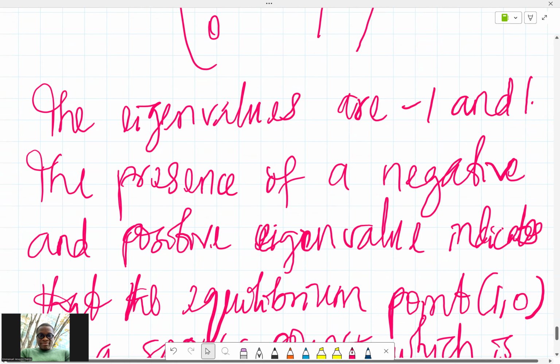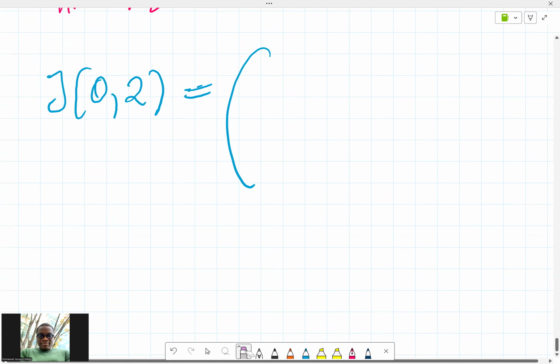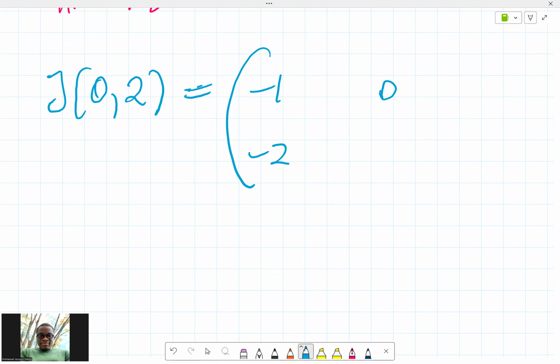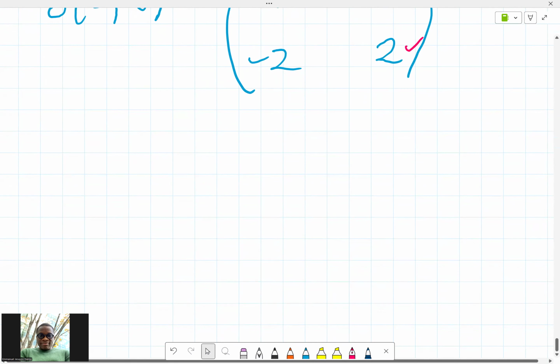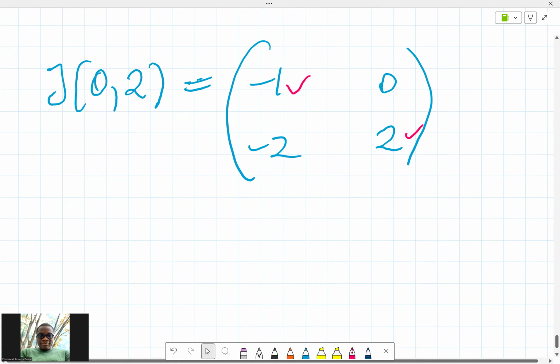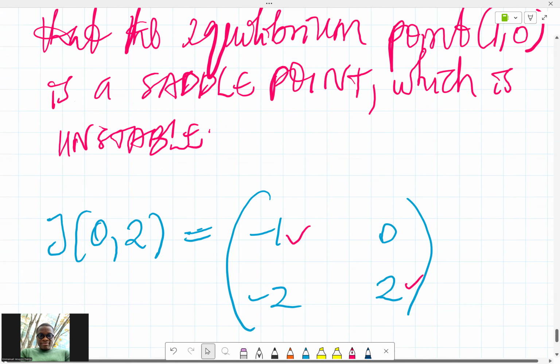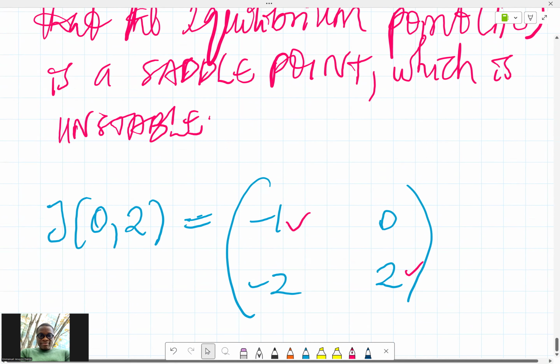So here we have minus 1, 0, minus 2, 2. Interestingly, because of this 0, we still have a triangular matrix. So the eigenvalues will simply be this and this, minus 1 and 2, easily. Wait, this is minus 1, 0, minus 2, minus 2.